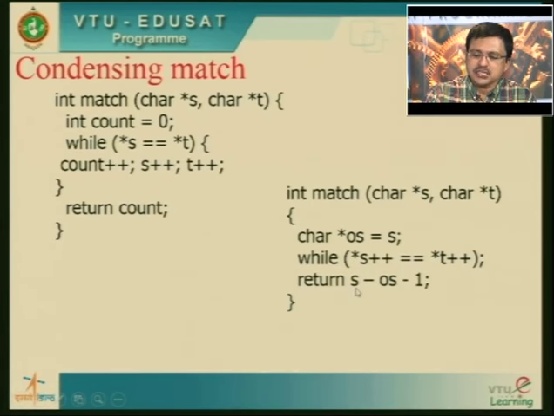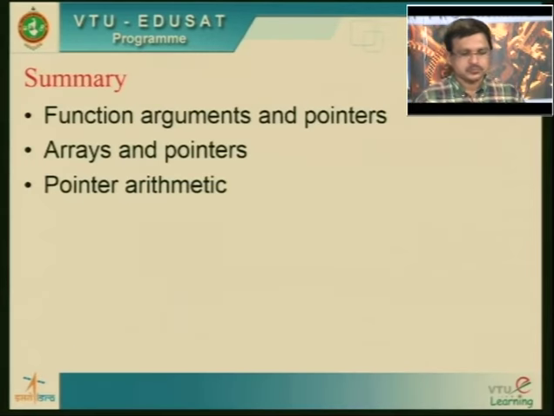So, now S is basically pointing to the second character after the mismatch. Okay, that is exactly why you have to knock off this 1, because OS is pointing to the first address, and S points to the address of the character which has mismatched plus 1. So, that is why you have to subtract 1 from it before you return the value.